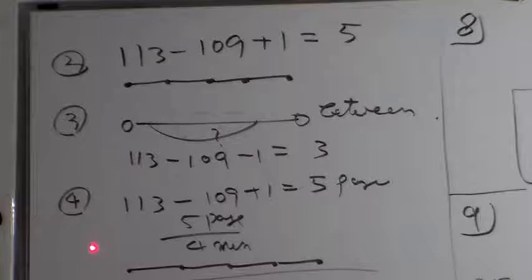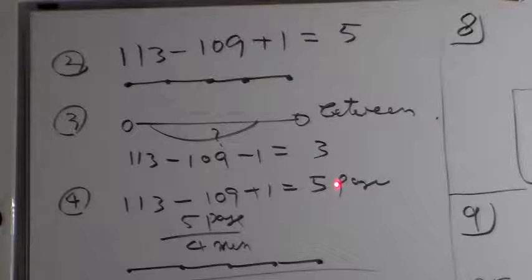Okay, number 4 is the same as example 2. She typed pages 109 through 113, so you have to include page 109. So 113 minus 109, and you have to add 1 over there, because this is like example 2.